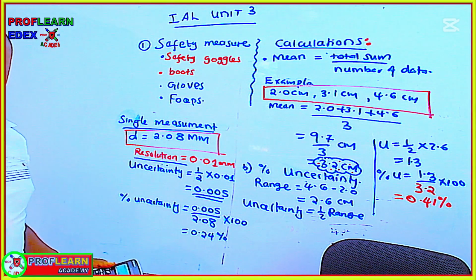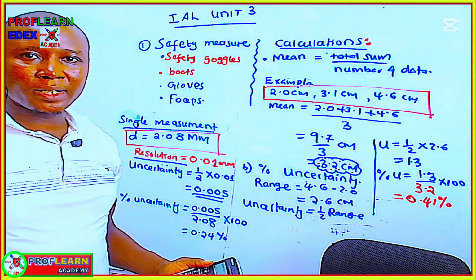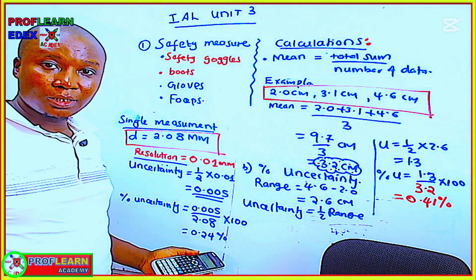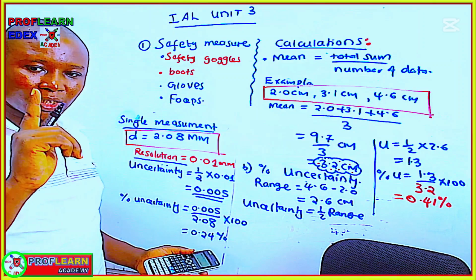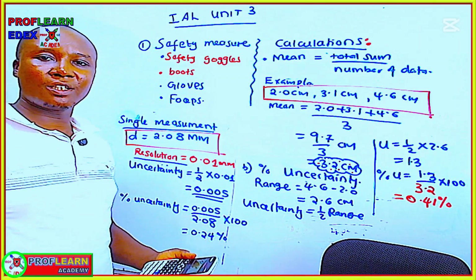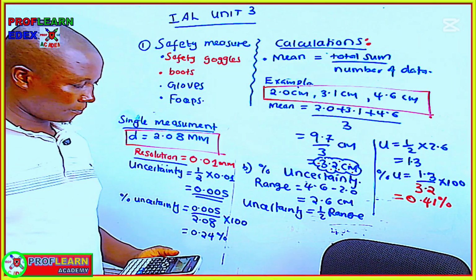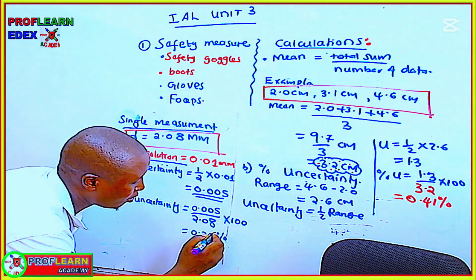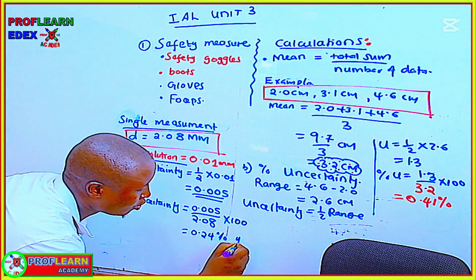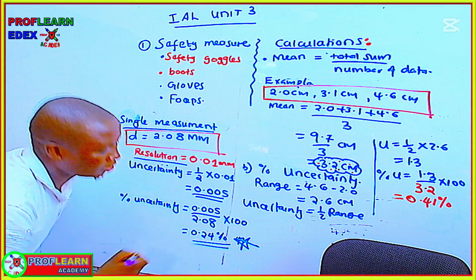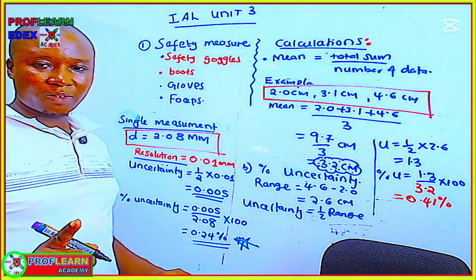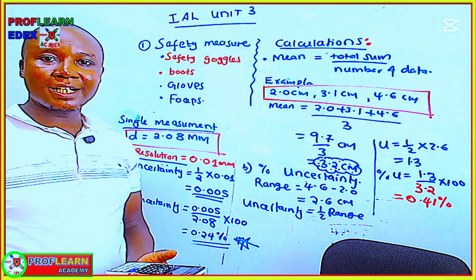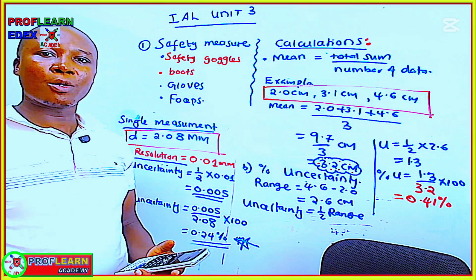And we have said that anytime you are writing percentage uncertainty, it has to be to 2 significant figures or 1 significant figure. So make sure you always write it in 2 significant figures or 1 significant figure. Otherwise, if you don't do that, there will be an international crisis when your paper is being marked.